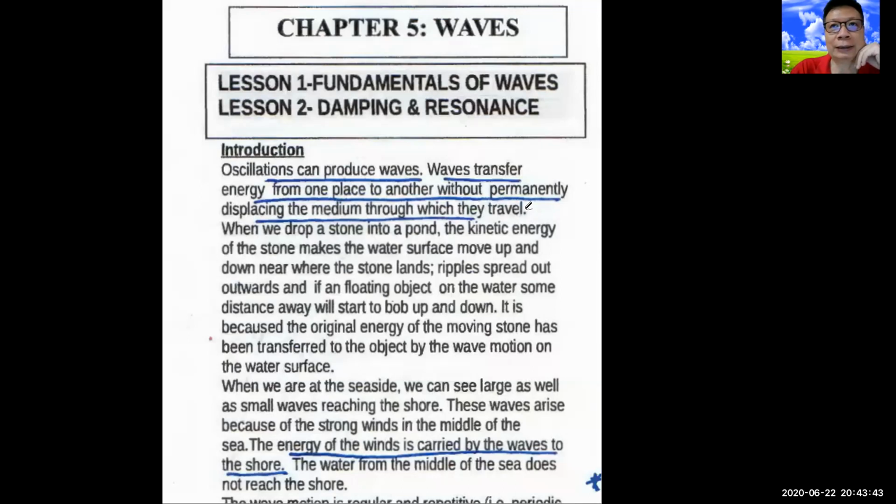But the object above the water surface won't move together when the wave is moving up and down like that. That's why we say wave transfers the energy from one place to another without permanently displacing the medium through which they travel. Meaning that only the energy is transferred. The molecules stay at a constant position.